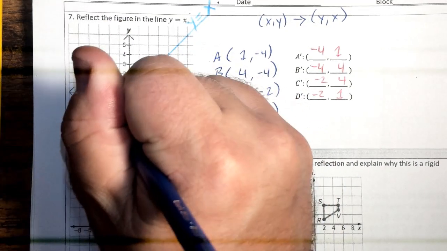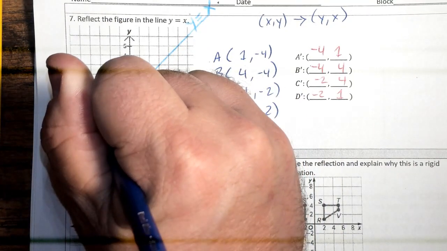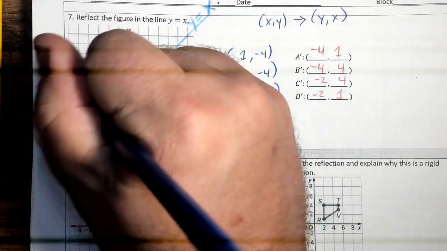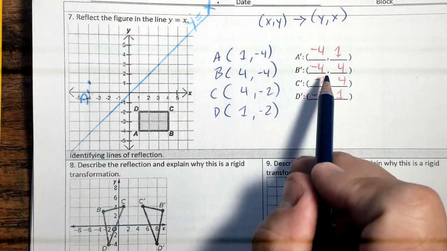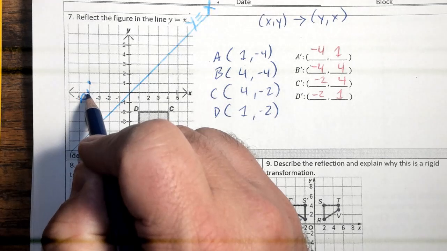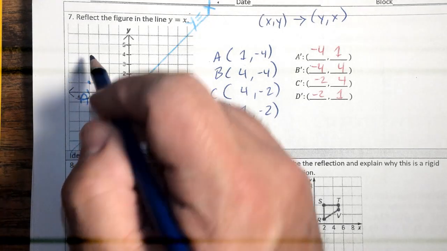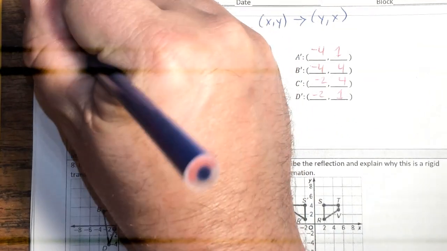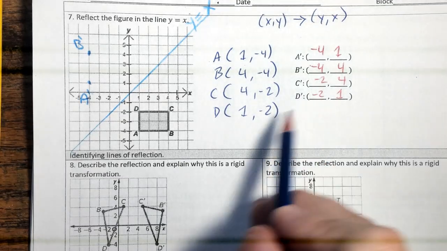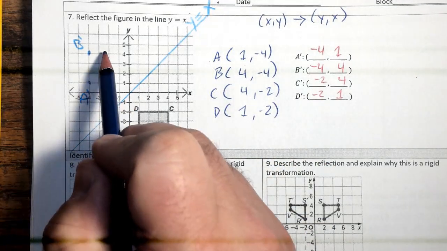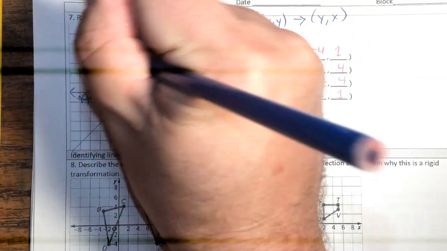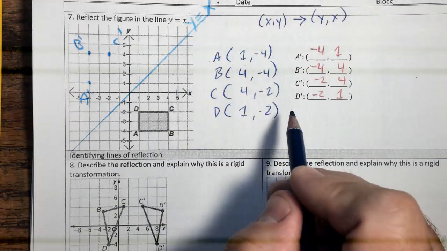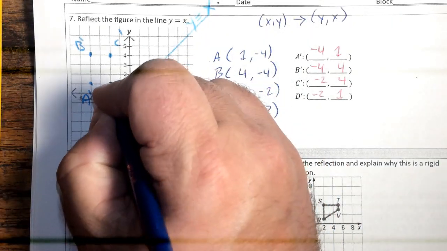So (-4, 1), A prime. (-4, 4), then (-2, 4), C prime, and then (-2, 1) is D prime.